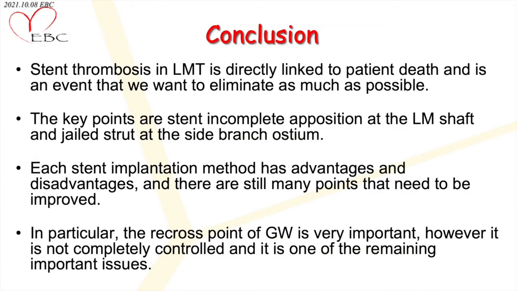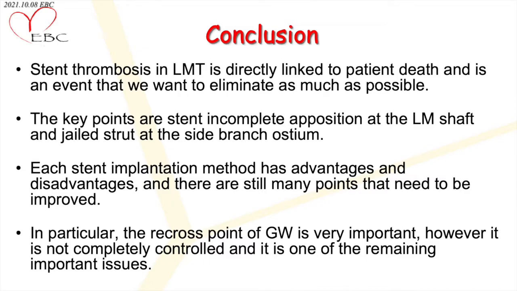My conclusion: stent thrombosis in left main is directly linked to patient death and is an event that we want to eliminate as much as possible. The key points are stent incomplete apposition at the left main shaft and jailed strut at the side branch ostium.